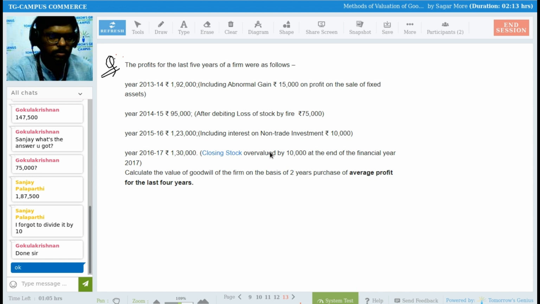I can give you a hint. When you are calculating profit, you have to consider only recurring income and recurring expenses. So non-recurring income and non-recurring expenses, you have to adjust, right?